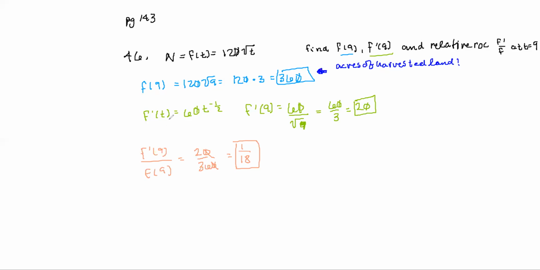Now we have n prime, or f prime, which is the instantaneous rate of change at t is equal to 9. So what does this mean? In regular language, we're in the 9th year of farming.